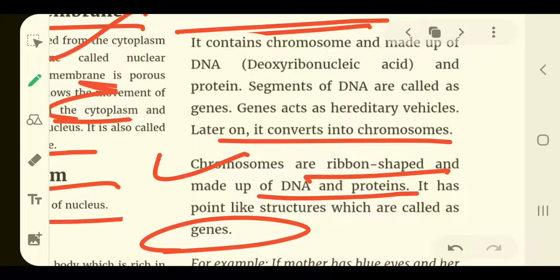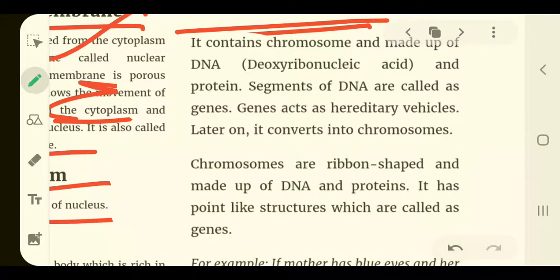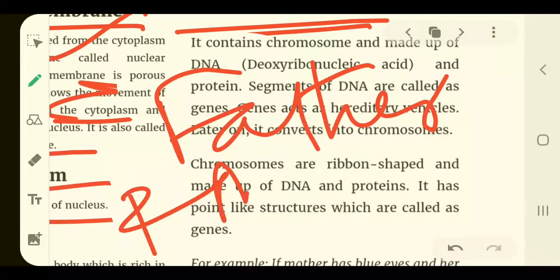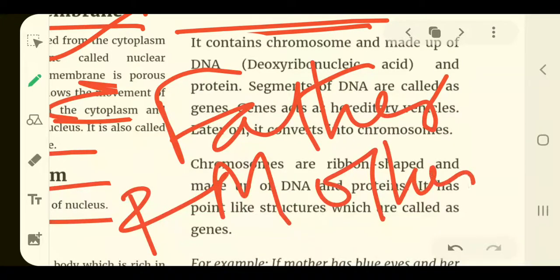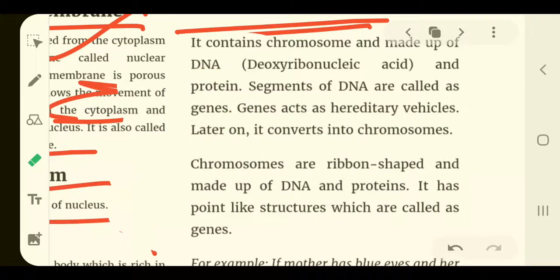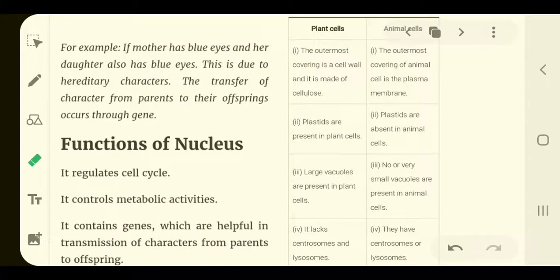So when the baby is born, the baby gets features from the father as well as the mother. These features, called genetic material from father and mother, come from the genes, okay, and that's why these features then pass on from generation to generation. So you must know this component called nuclear material, very important.